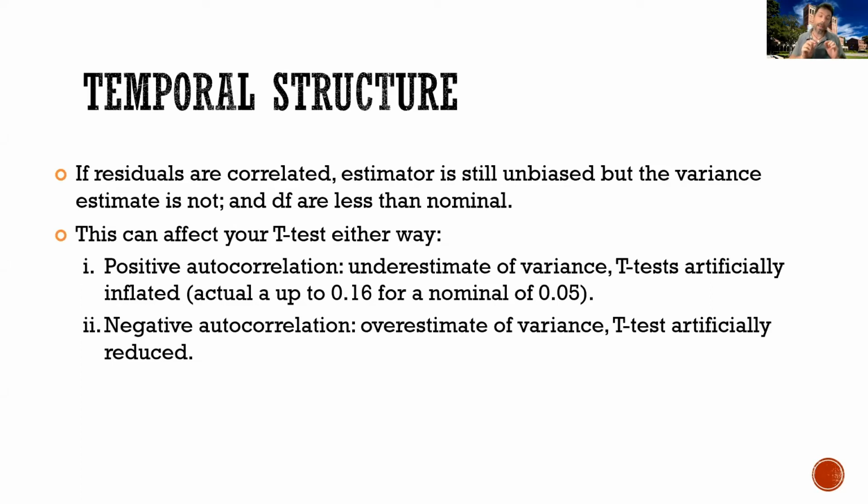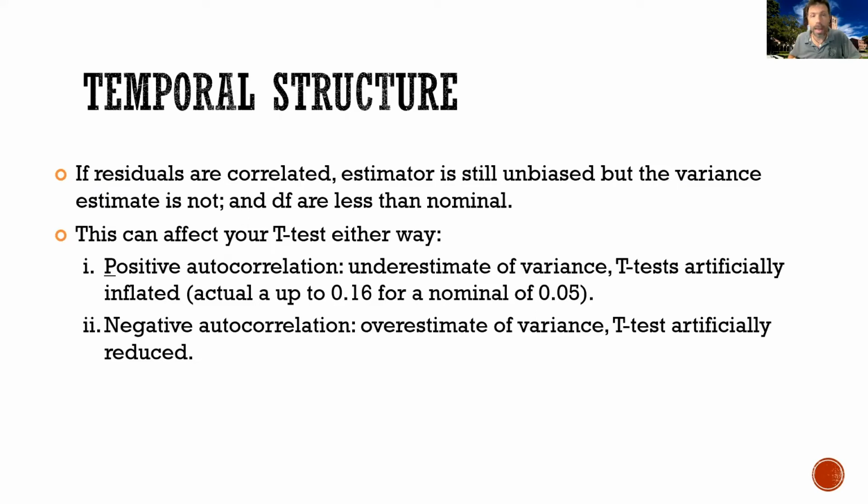This is when the error at each time point is the opposite of the error at the prior point, so where there's a sign flip across the mean. In that case, you will get an overestimate of the variance. Therefore, your denominator in your t-test will be larger, and your t-test will be artificially smaller than what it actually should be.